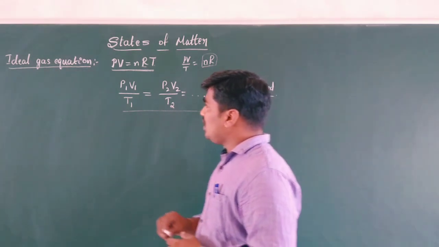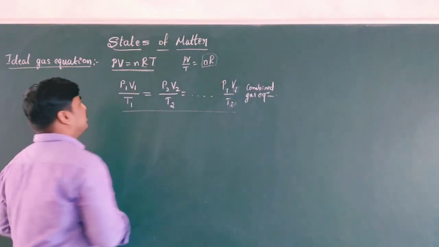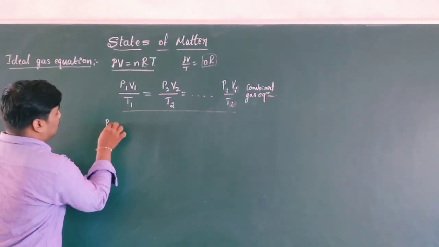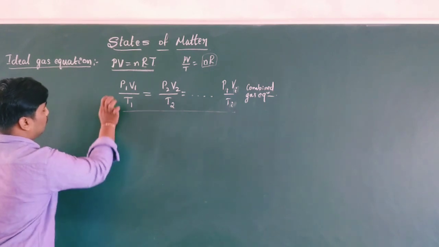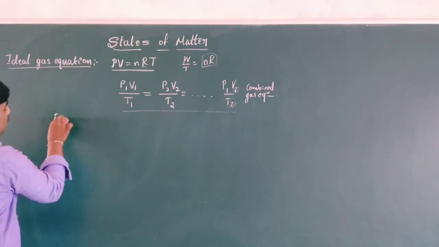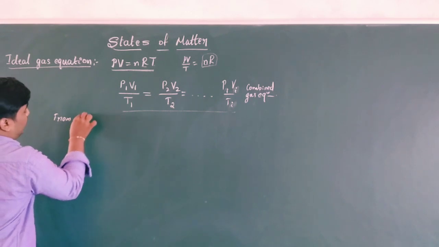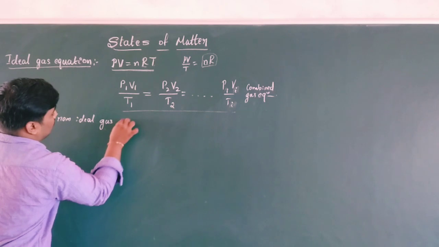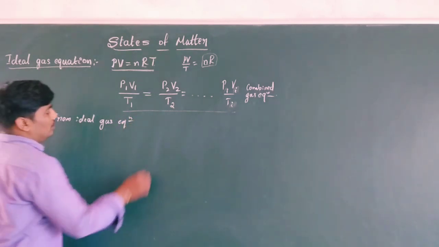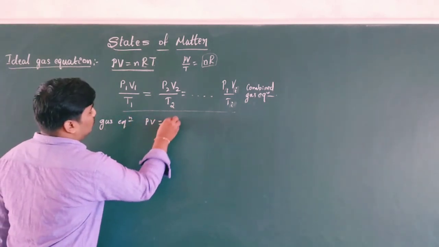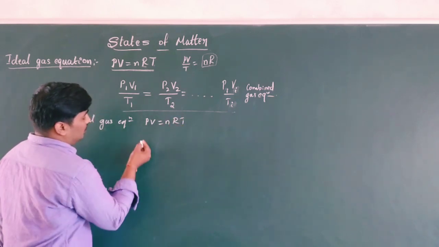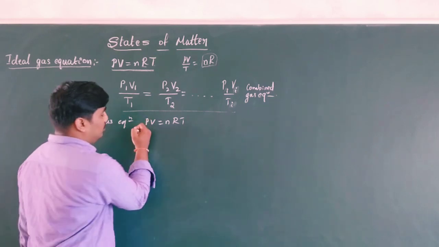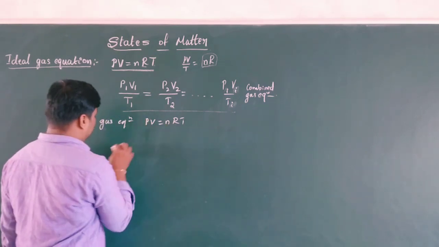Next, in this case PV = nRT. Suppose we rearrange the things in this ideal gas equation, PV = nRT.